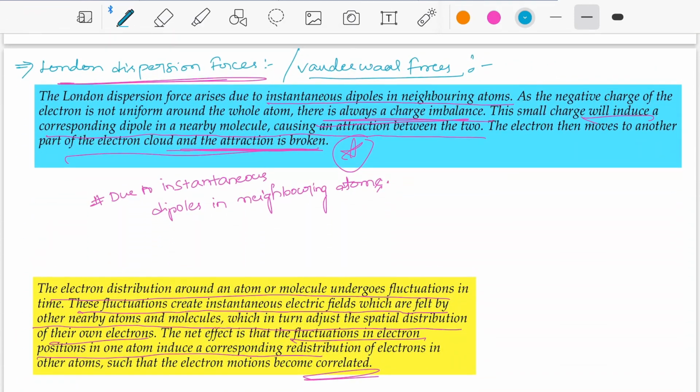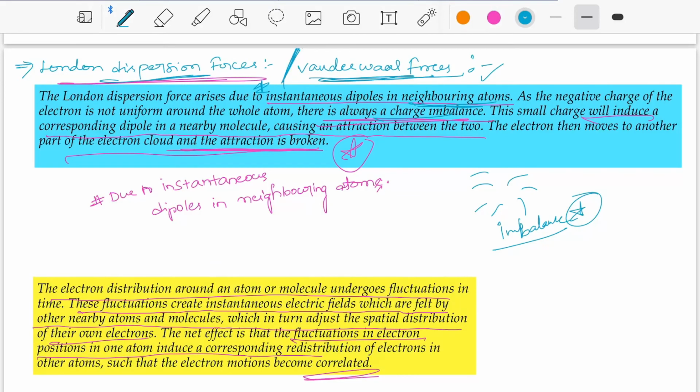The London dispersion forces arise due to instantaneous dipoles in neighboring atoms. The electron cloud is there, and the negative charge of the electrons is not uniform around the whole atom; it is distributed everywhere, so there is always a chance of imbalance. A molecule can undergo imbalance.